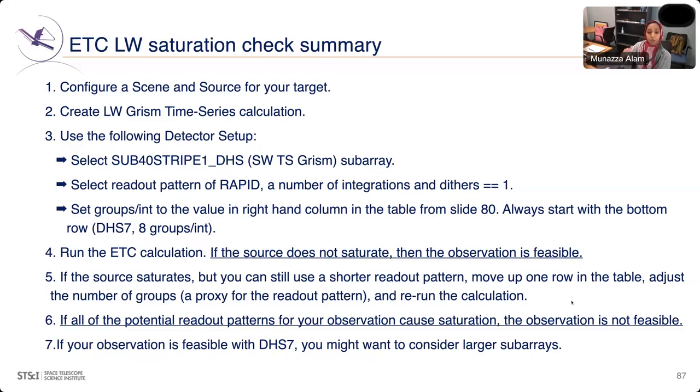If you go through the full table and all of the potential readout patterns cause your observation to saturate, then the observation isn't feasible. But if your observation is feasible with DHS7 or any of the other smaller readout patterns, then you might want to consider larger subarrays. So that is an overview of the long wavelength saturation check workflow.